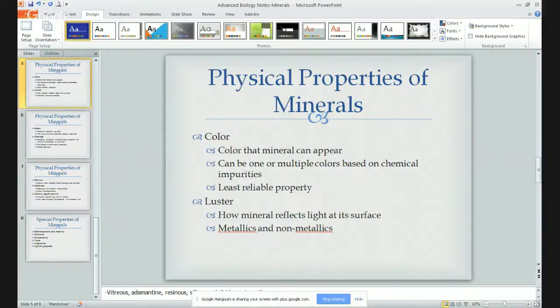There's a couple of different terms that we can use to describe a non-metallic mineral. One way is vitreous, which is glassy. If something is brilliant, it would be adamantine. If it looks like it came from tree sap, we would call that resinous.